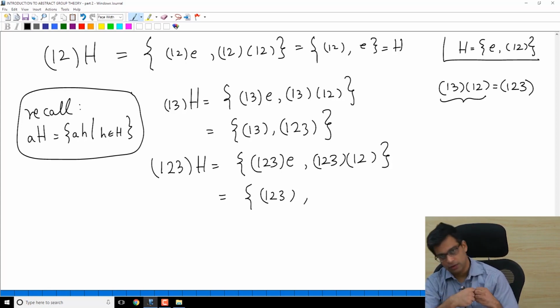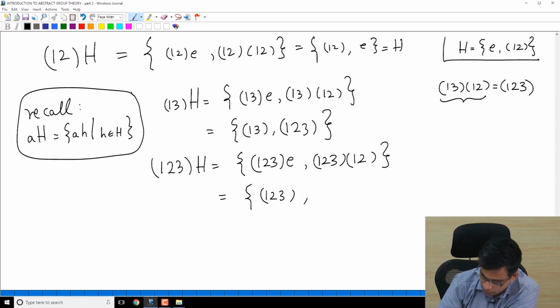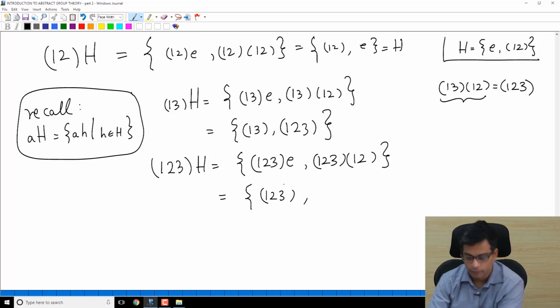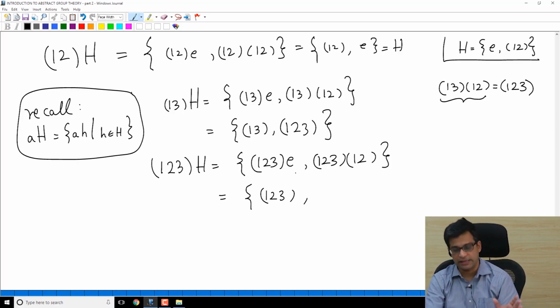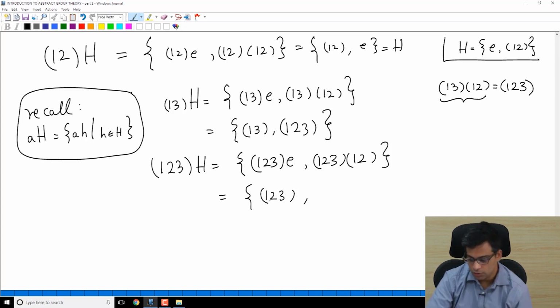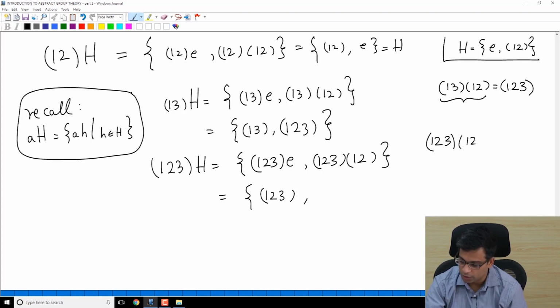If two cosets have anything in common, they must be identical. So you expect in this place (1 3), it must be (1 3). If it's anything else, then these two cosets have something in common, yet they are not equal. It has to be (1 3), but let's verify just for surety.